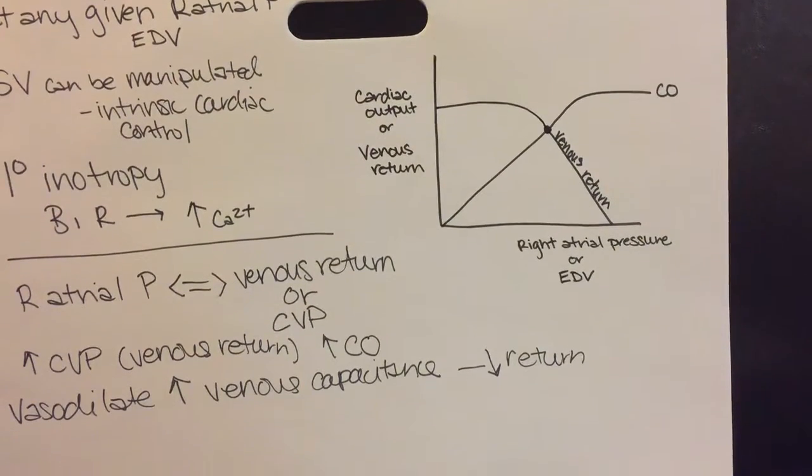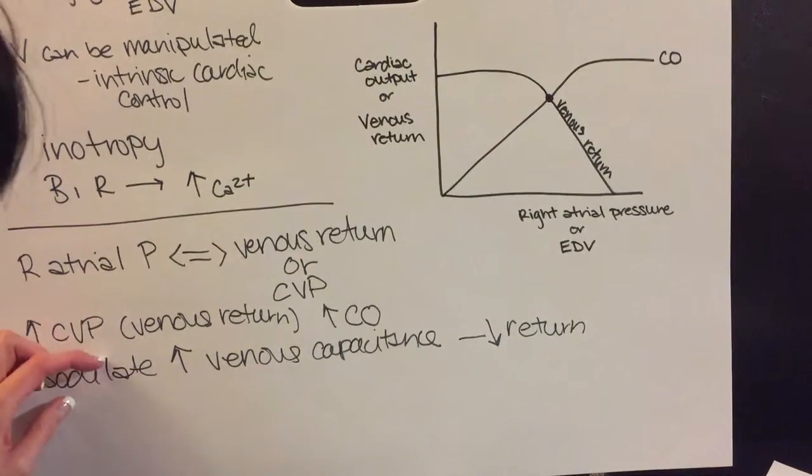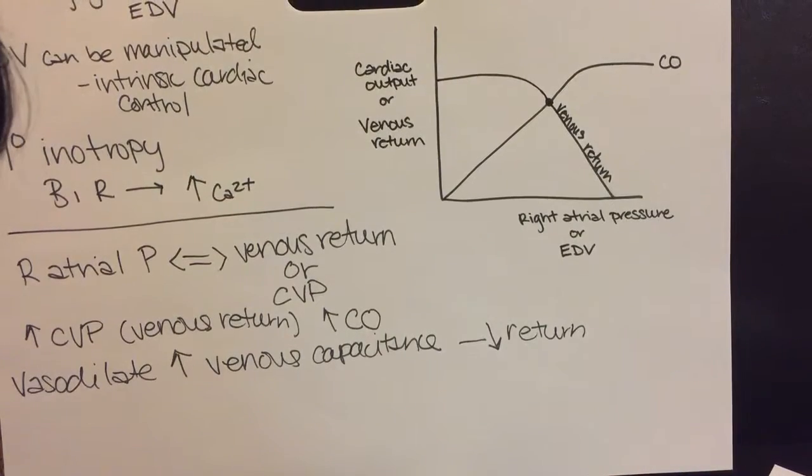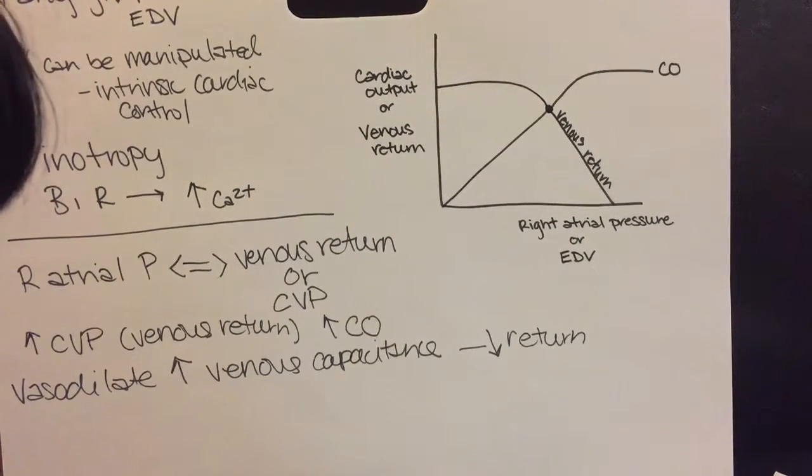Decreased venous capacitance, then, or vasoconstriction, the opposite effect, will increase the venous return.